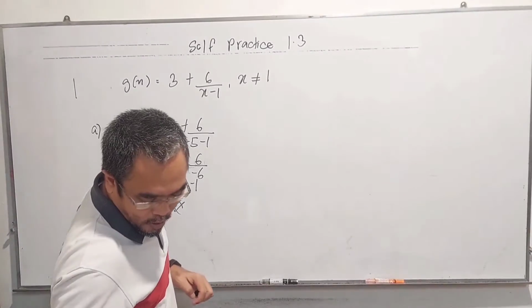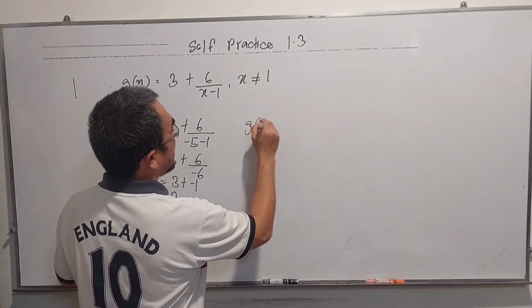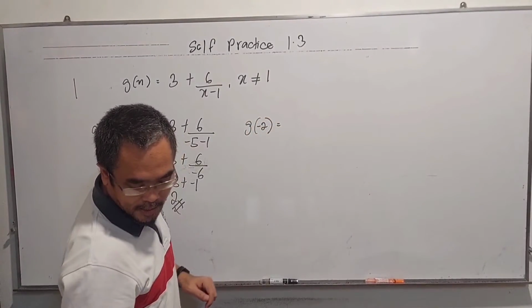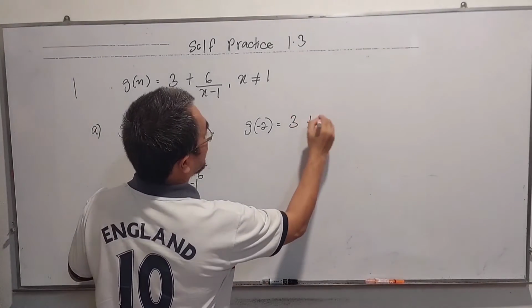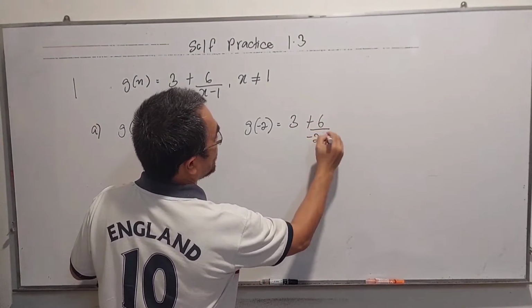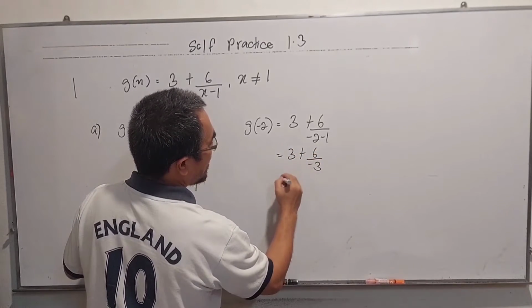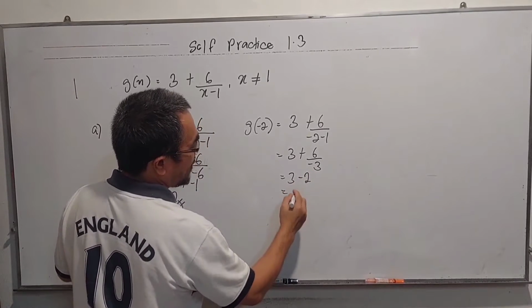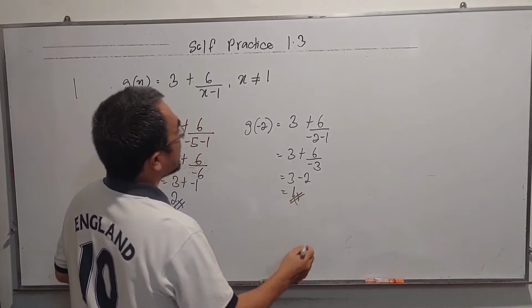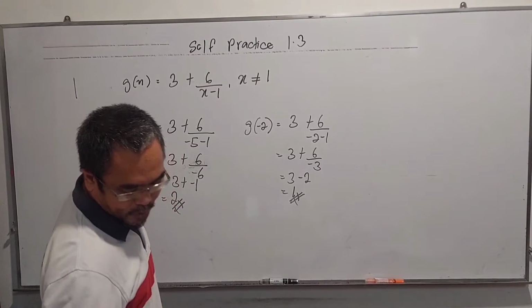And for negative 2 it is similar. g(negative 2), replace all x with negative 2. So 3 plus 6 over negative 2 minus 1 will be 3 plus 6 over negative 3. 6 over negative 3 will be negative 2. So 3 minus 2 will be 1. And the other one is 1 over 2.